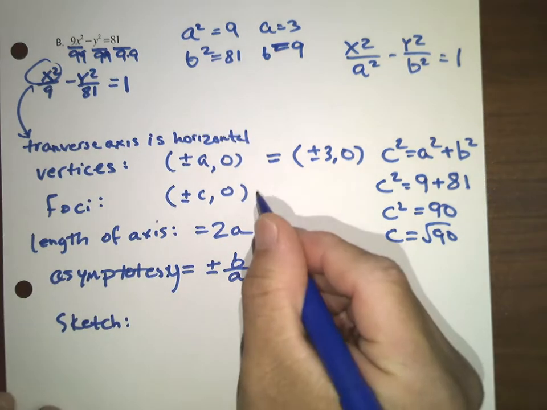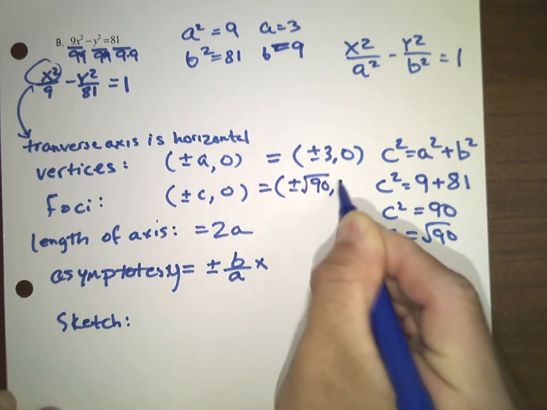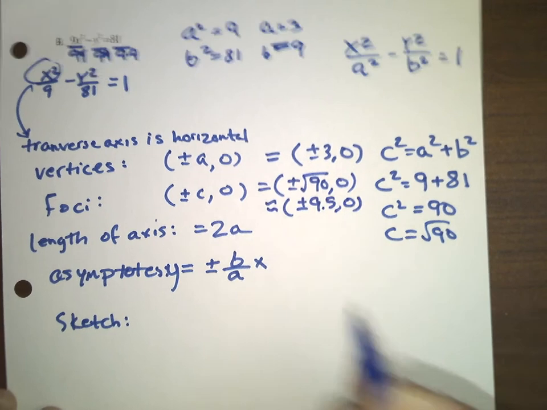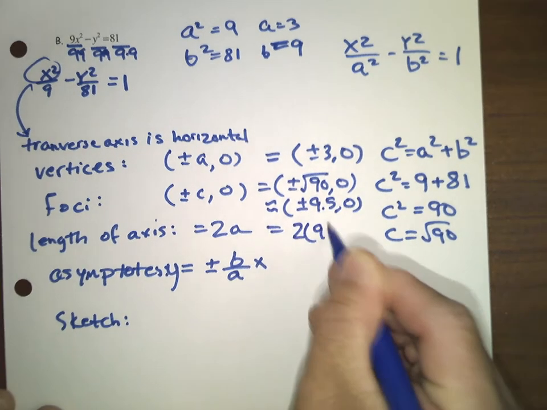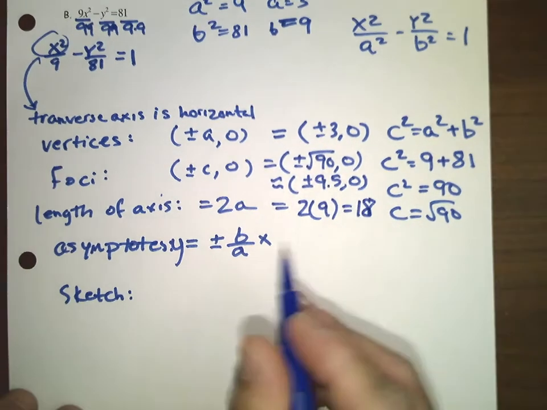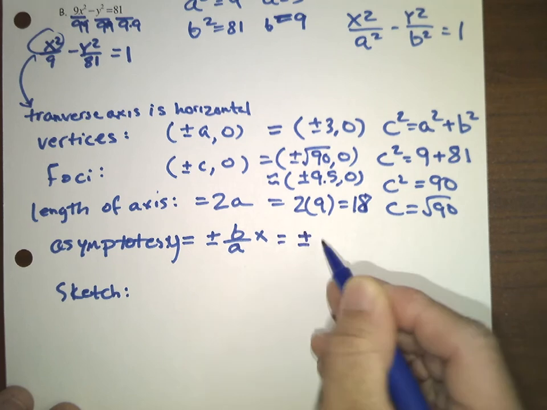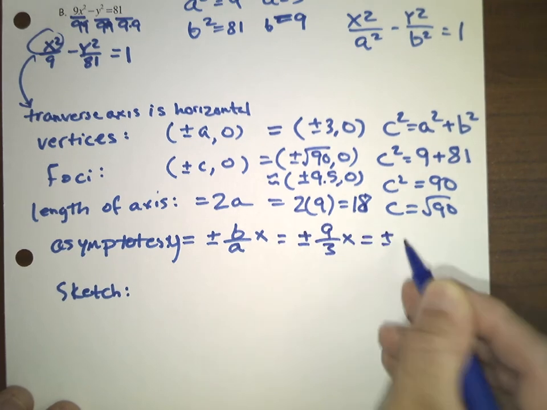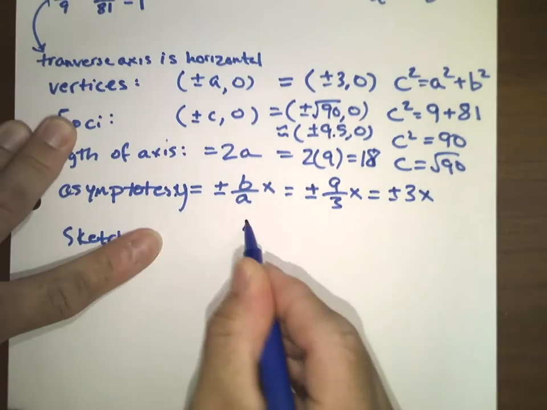So the foci are at plus or minus the square root of 90, 0, or about plus or minus 9.5, 0. The length of the axis is 2a, so 2 times 3, 6. And the asymptotes are at y equals plus or minus b over a x, that will be 9 over 3 x, or just plus or minus 3x. So now let's draw a sketch here.